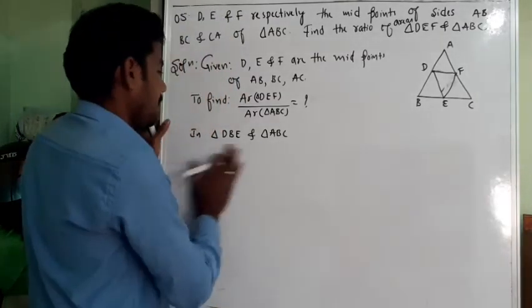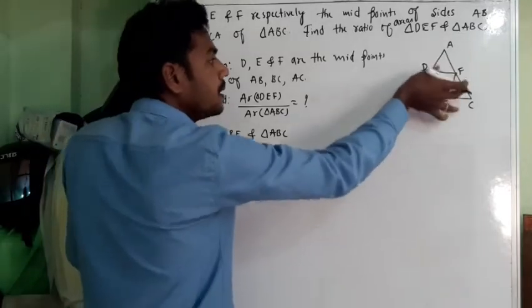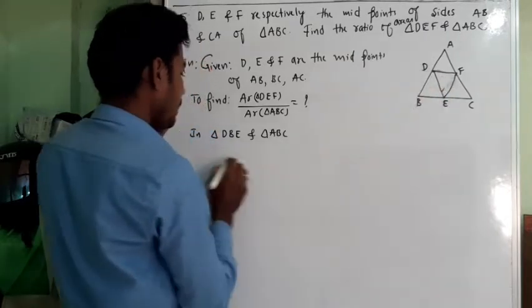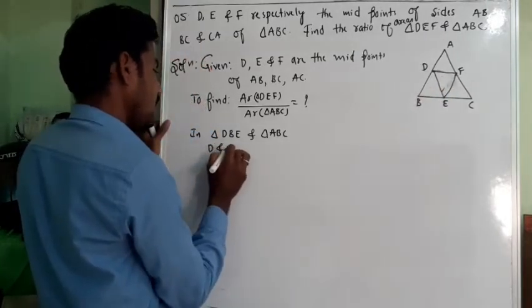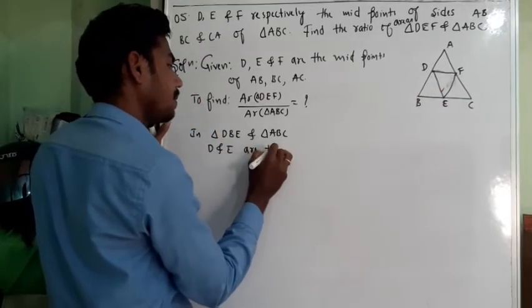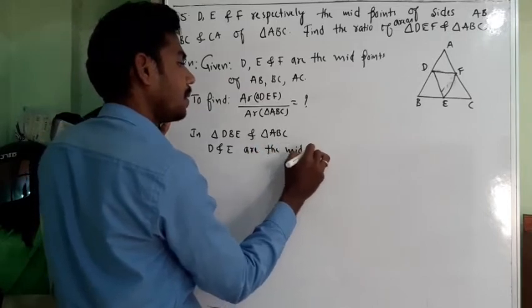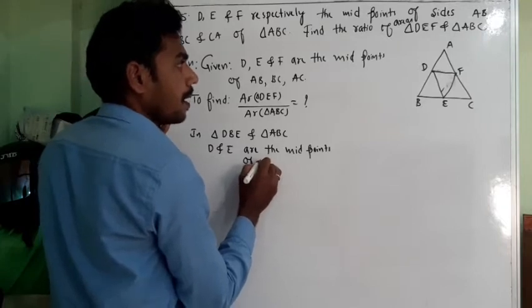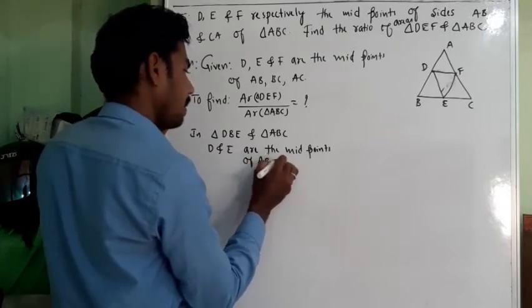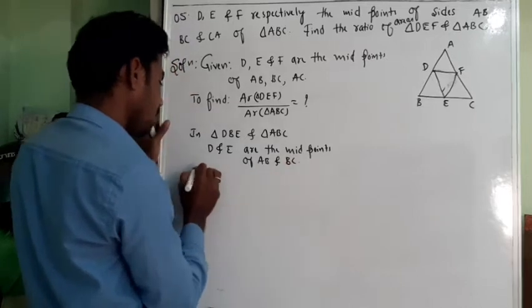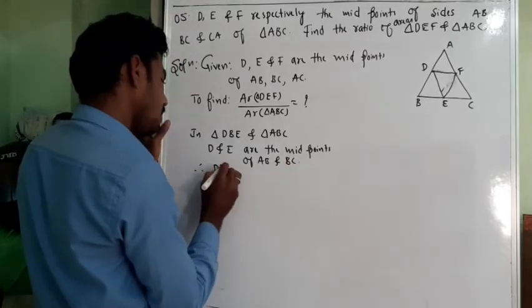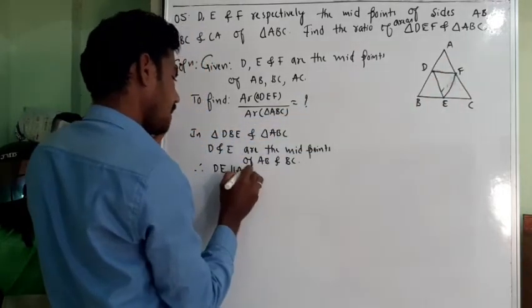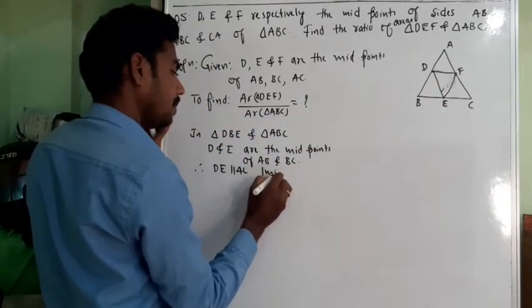Okay, since D and E are the midpoints of AB and BC, therefore DE is parallel to AC because of the midpoint theorem.